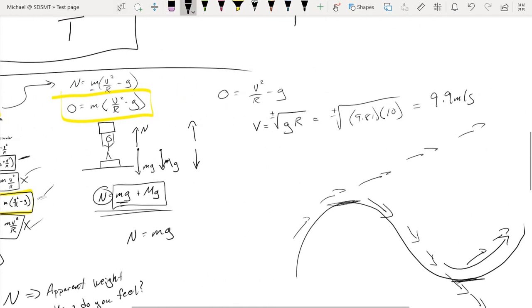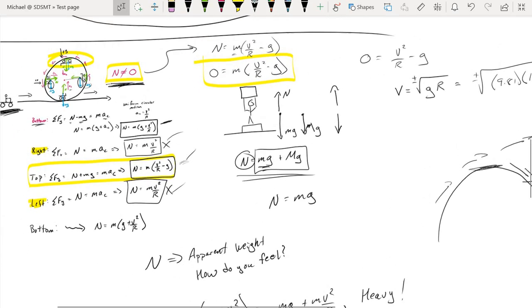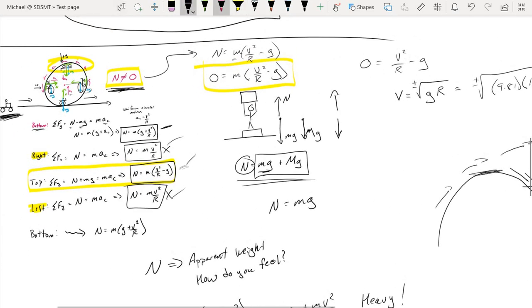But I would say, for safety, maybe we bump that up to 10 meters per second, or even faster. Faster would always be better. But to travel faster around the circle in every case would mean to increase the normal force.